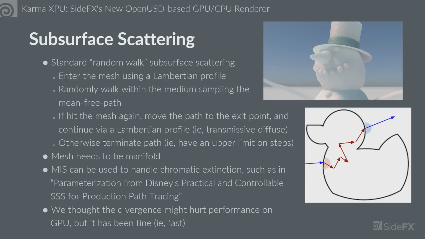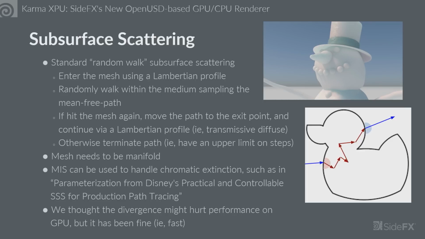Now onto some newer features. We've added subsurface scattering, which allows for effects such as skin and snow. We've implemented standard random walk subsurface scattering. The steps taken are for the path to first enter the mesh using a Lambertian profile, seen as this red semicircle. We then randomly walk within the medium.